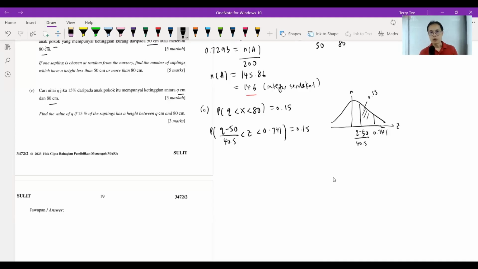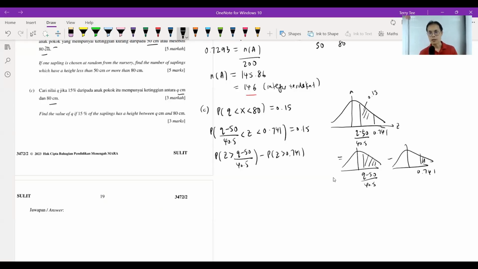Now, we know that this one, in this case, the bigger one, let me draw for you. The bigger one is this area, which is Q minus 50 over 40.5. Smaller one is this area, 0.741. So it is P(Z more than (Q minus 50) over 40.5) minus P(Z more than 0.741). This is 0.15. Okay, so let's count.